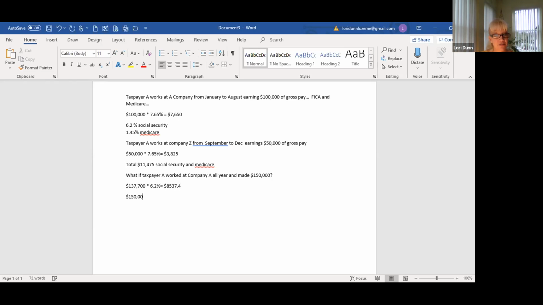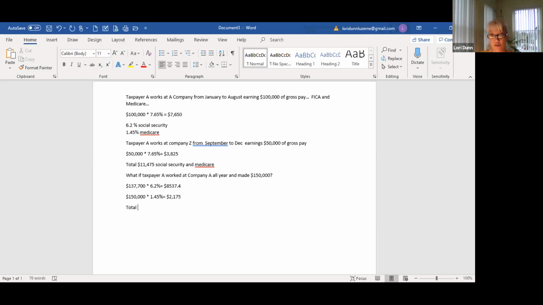The $150,000 will be used to calculate the Medicare because there is no limit for that calculation. So $2,175.